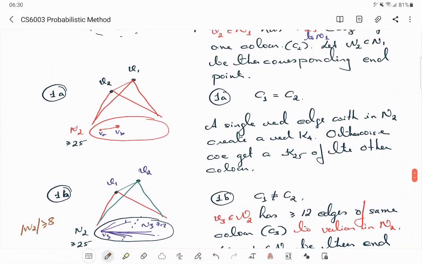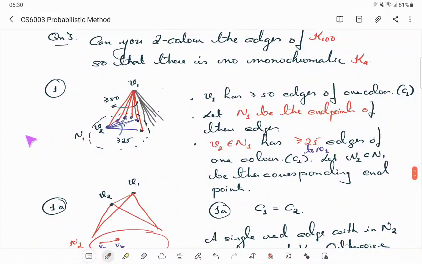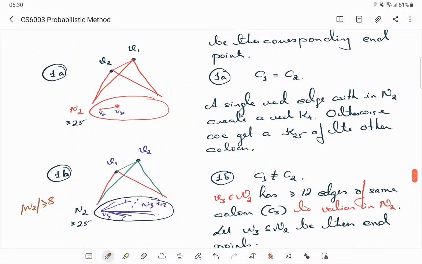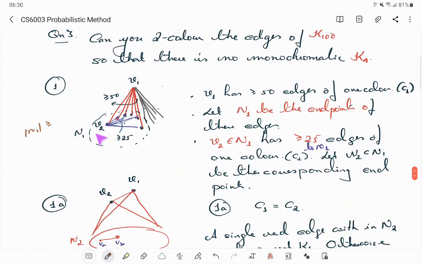This is the same case, right? Which means in N1, in order to get 8 vertices in N2, V2 is one vertex among N2. Remaining you should have 16 minus 1, 15 guys. So you add V2 also, it becomes 16, right? So N1 should have at least 16 vertices, which means this N1 is already obtained after a pigeonholing.